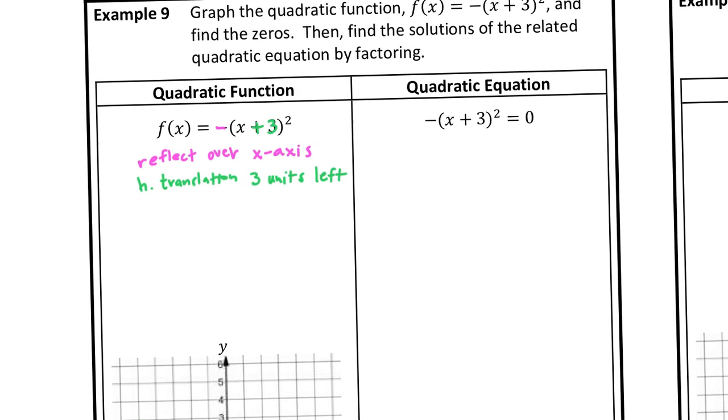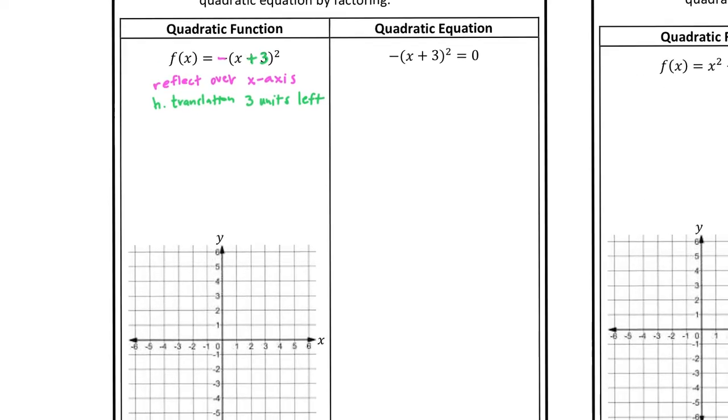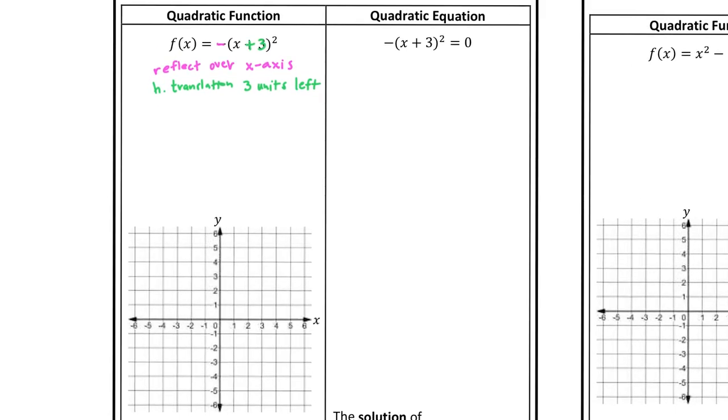So those are my notations for the transformation that's happening. Let me zoom out a little bit so we can graph.